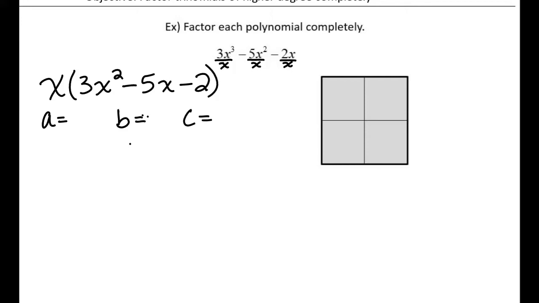Tell me in 3, 2, 1. And B in 3, 2, 1. And C in 3, 2, 1. Negative 2. Good. All right, then I have to figure out my sum and product part of it.